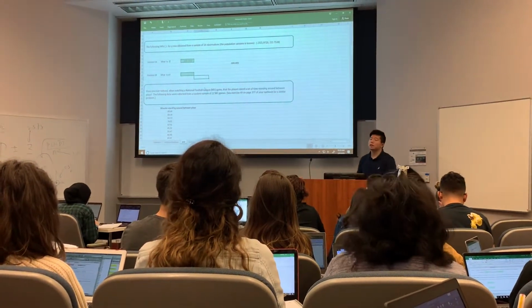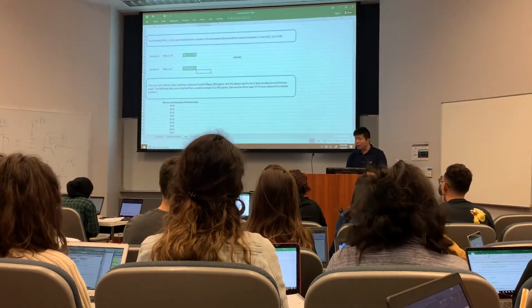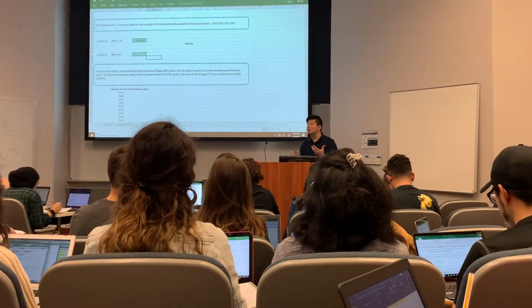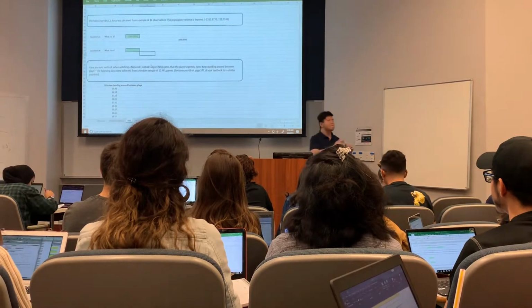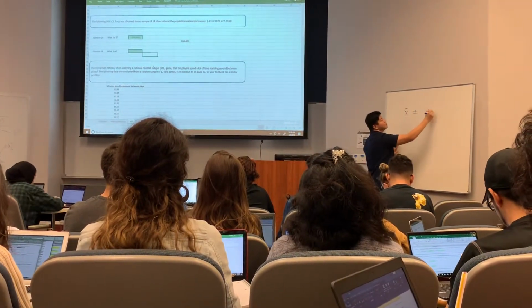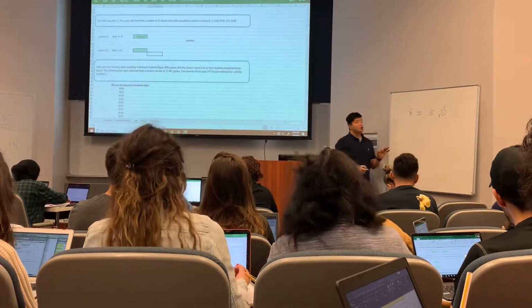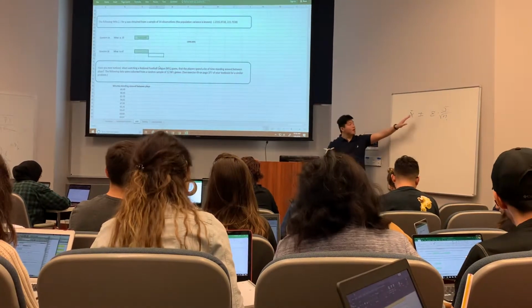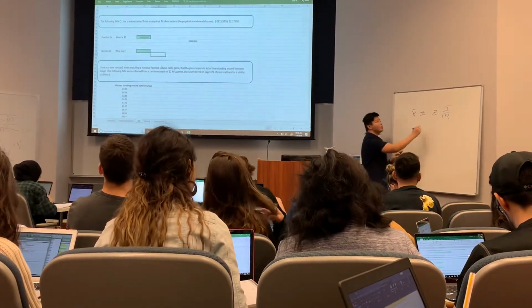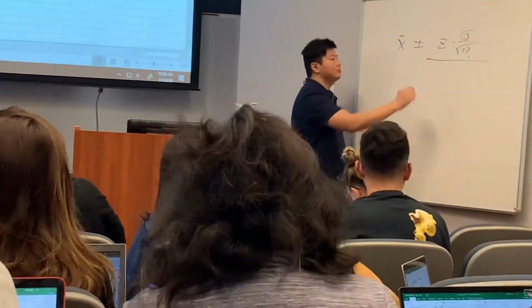So what is the confidence interval formula for x bar for the mu question? X bar plus or minus z alpha over 2 times sigma over square root n. By plus and minus, we call this part the margin of error.